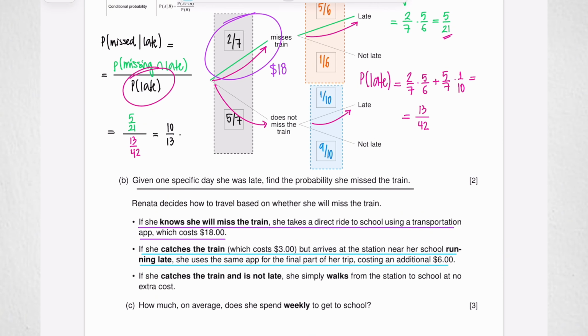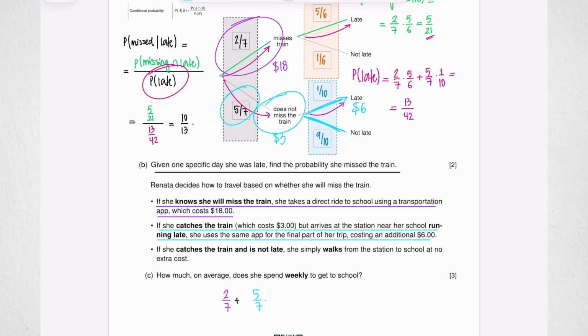So let's consider these different paths. We have a probability of 2 over 7 that she misses the train, or 5 over 7 times 1 over 10 that she does not miss the train, but still she is late. Or third option, she does not miss the train and she's not late.